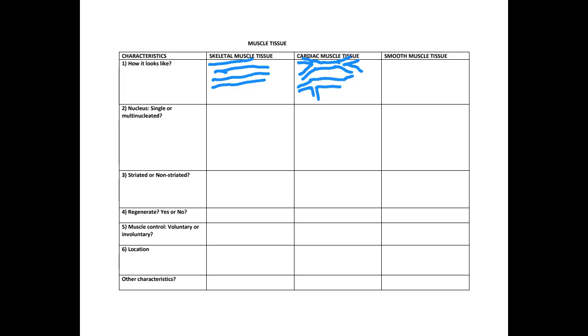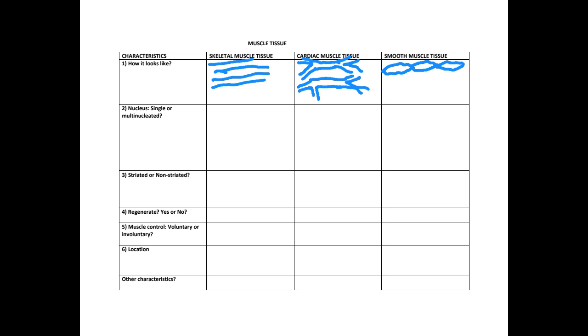So it somewhat looks like skeletal muscle tissue, but the reason you wouldn't confuse them is once you see the branches, you'll know it's not skeletal, it's cardiac. And then smooth muscle tissue looks spindle shaped, or tapered. Spindle shaped or tapered means that it is thick in the middle and skinny on the ends. That's how we describe them.